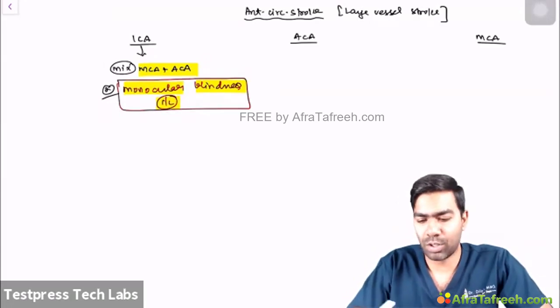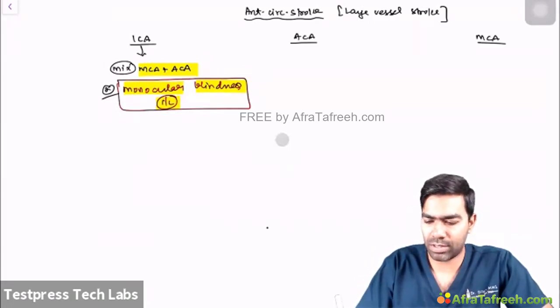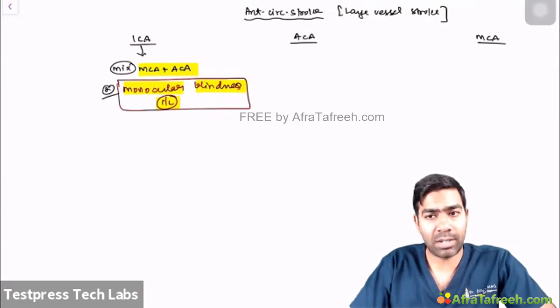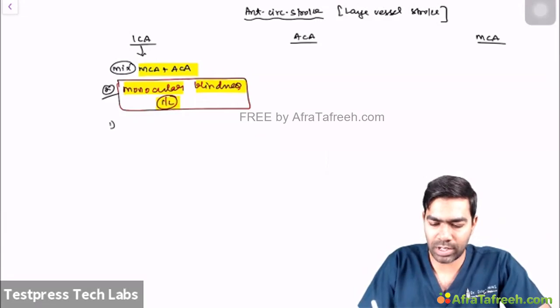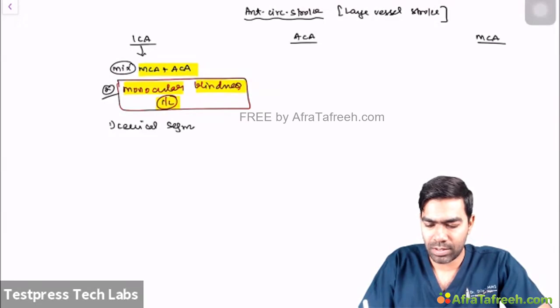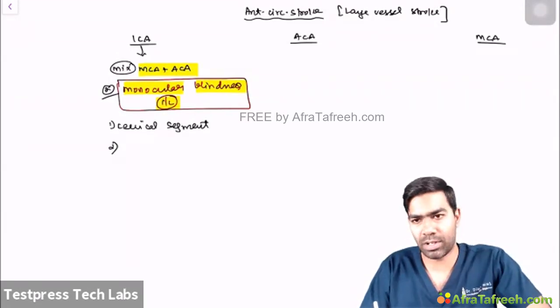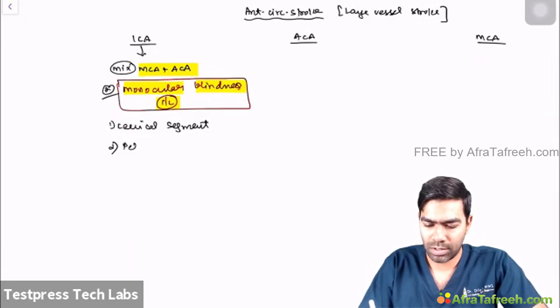Because as far as you know, the ICA has many divisions. The ICA has many segments. For example, the internal carotid artery, if you take from here, has many different segments. For example, you have something called a cervical segment. And then you have something called a petrous segment, of course. I think you would have heard about all these things in anatomy itself.